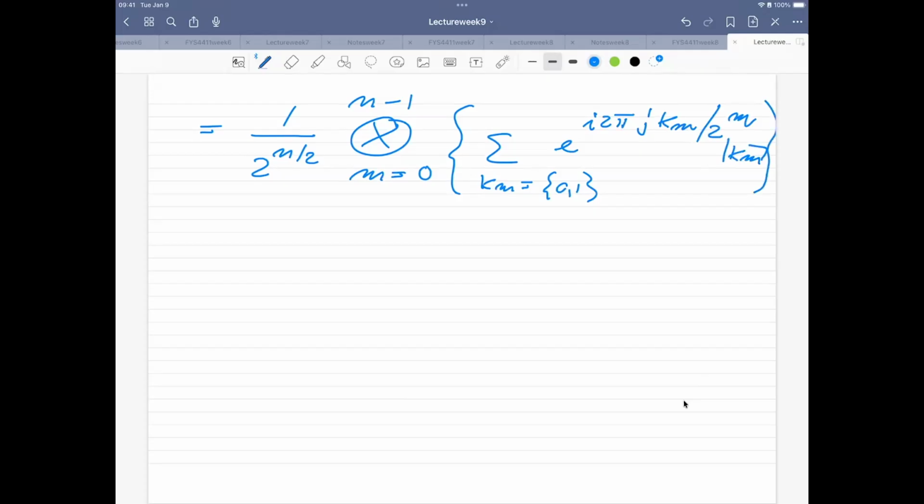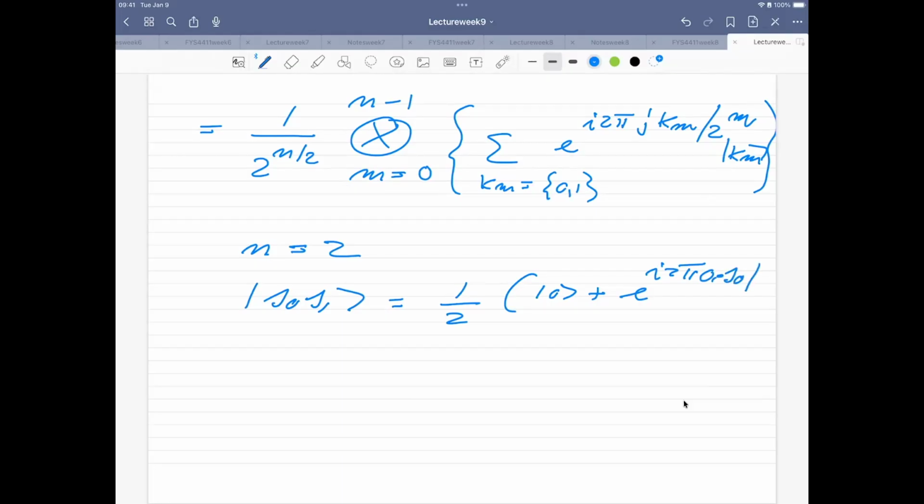And if we go back to the 2 qubit case, with N equal to 2, if we look at a state like J1, this is given by 1/2, and then I have (|0> plus e^(i 2π ...) |1>) ... J0 divided by 2, tensor product with (|0> plus e^(i 2π ...) |1>), and then again I have J1.